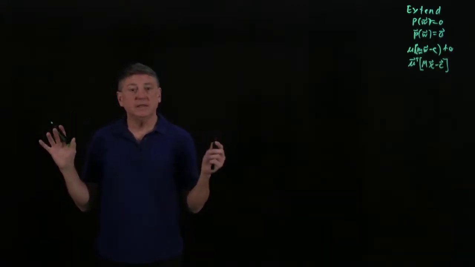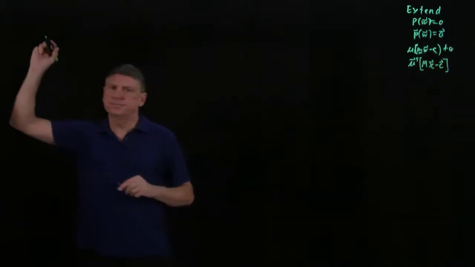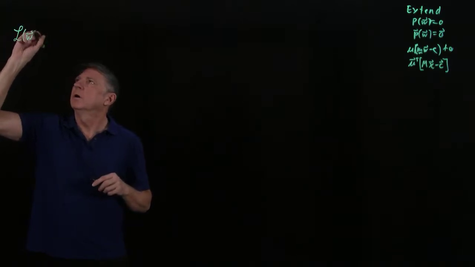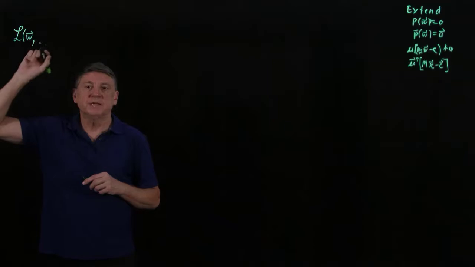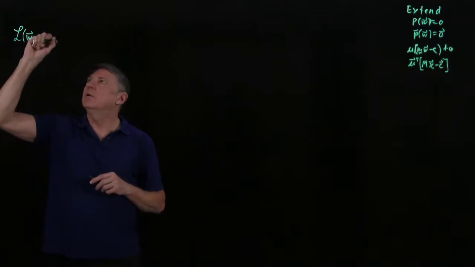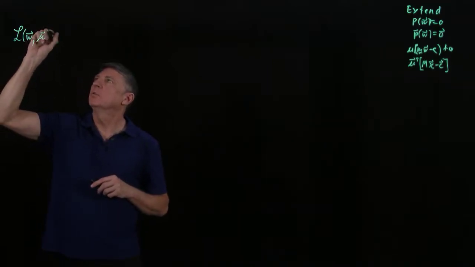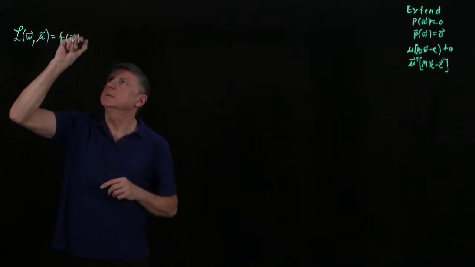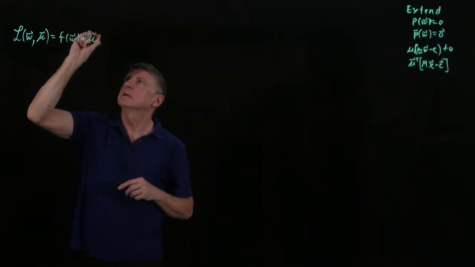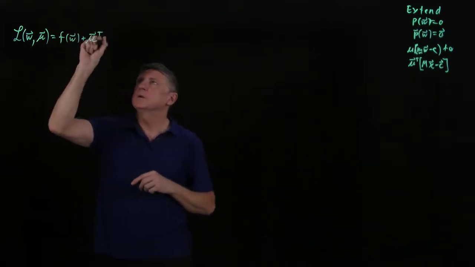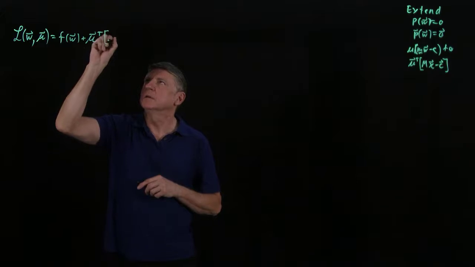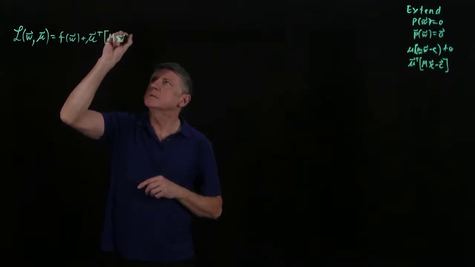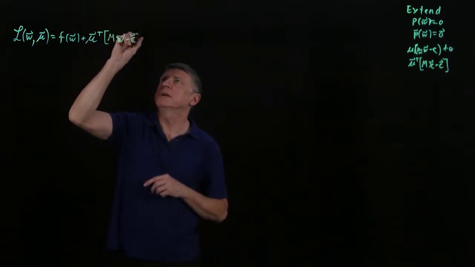If we take that extension, the Lagrange function for an objective that has a vector argument, and now with more than one Lagrange multiplier, is the objective function plus the transpose of the multiplier vector times the constraint matrix minus the constraint vector.